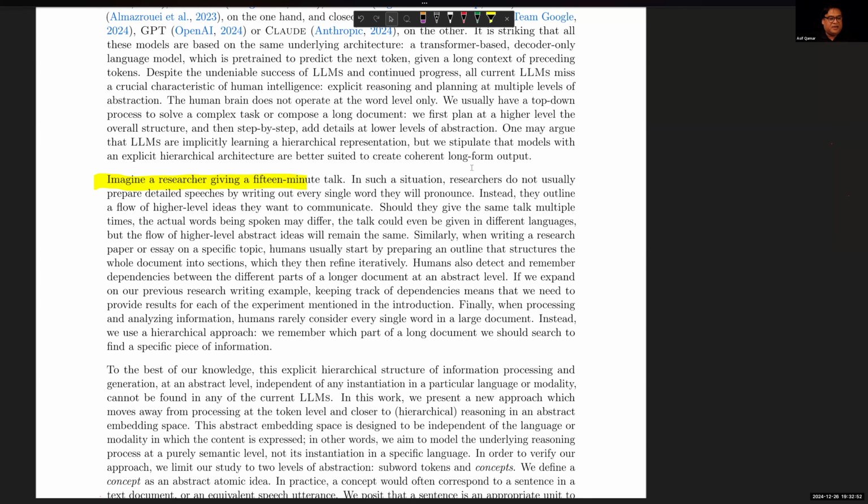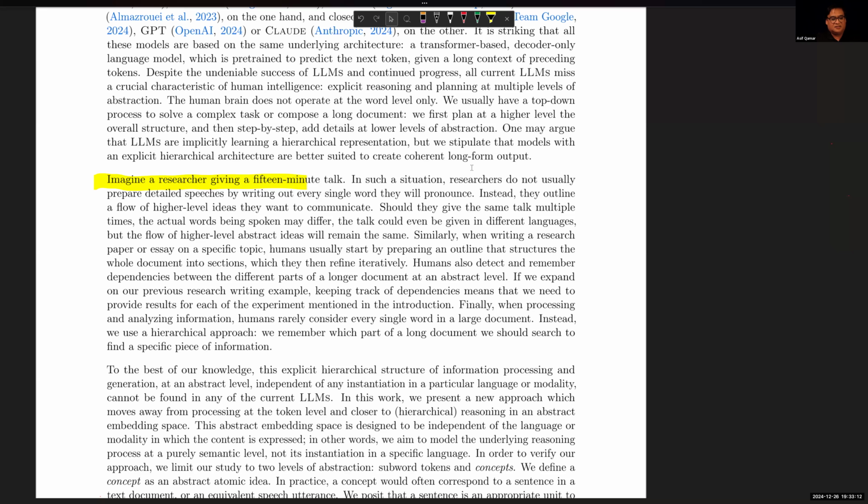Similarly, when writing a research paper or essay on a specific topic, humans usually start by preparing an outline that structures the whole document into sections, which they then refine iteratively. Humans also detect and remember dependencies within the different parts of a long document at an abstract level.